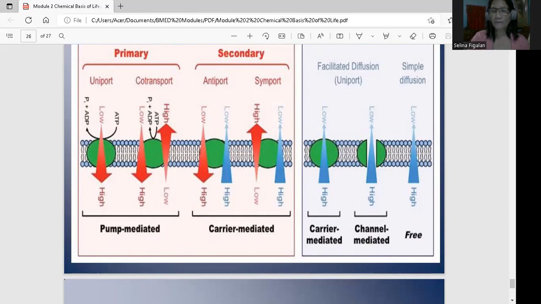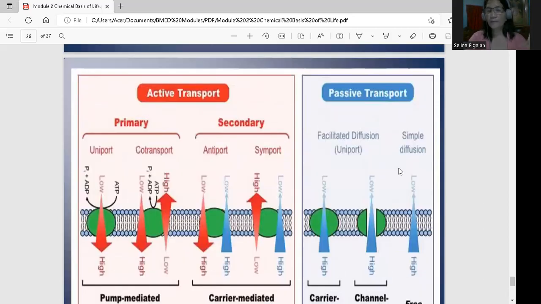But when you say passive transport, there is no need para gumalaw. Diffuse lang siya. Papasok lang siya na walang kahirap-hirap. But when you say active transport, para kang nagka-climb into a mountain. So active transport, you need an effort para makaakyat sa bundok.